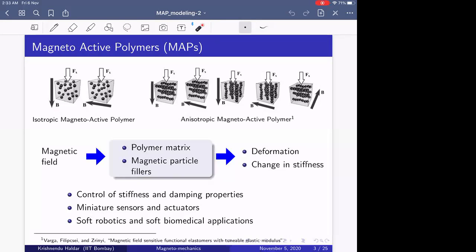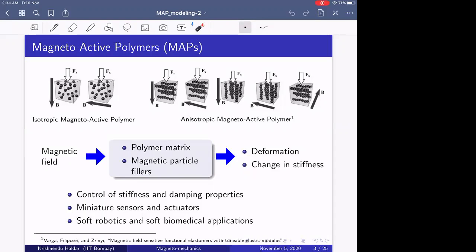And once you do that, you generally observe two fundamental changes. One, the material starts deforming, and you also have some sort of tunability in the stiffness as well as the damping properties. The damping properties come from the polymer matrix being viscoelastic.